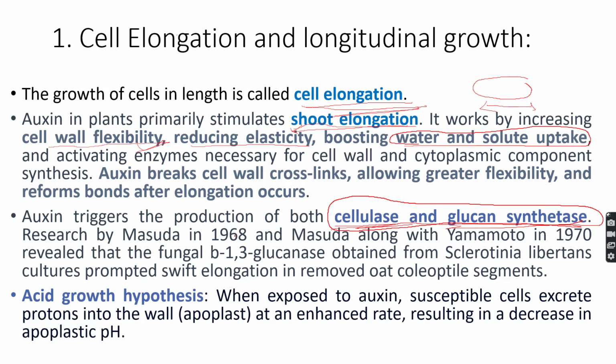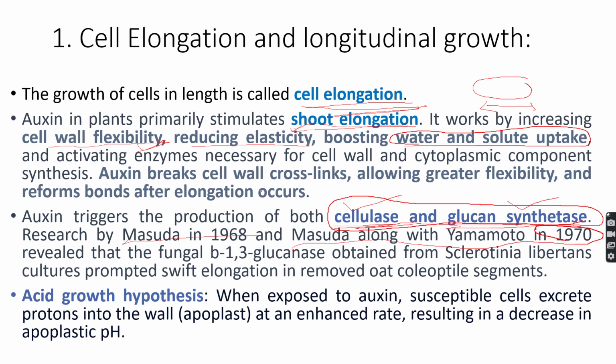Okay, and if we see the historical background, then Masuda in 1968 and Masuda along with Yamamoto in 1970 revealed this kind of activity of auxin in cell elongation.